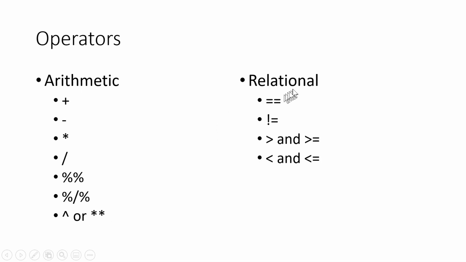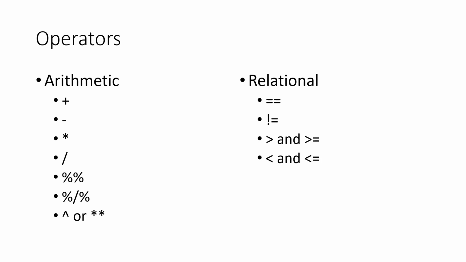Then there are the relational operators. They tell you the relationship between two objects. So this is in R or in most programming languages. This rather means equals to. You are testing whether what is on the left is equal to what is on the right. The exclamation equal to means not equal to.